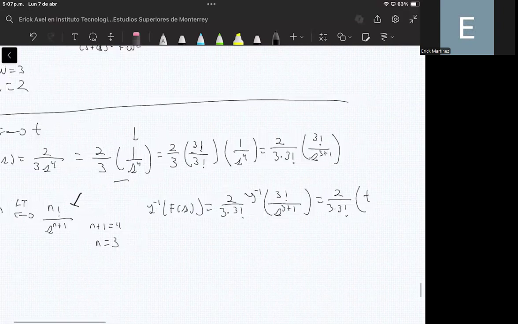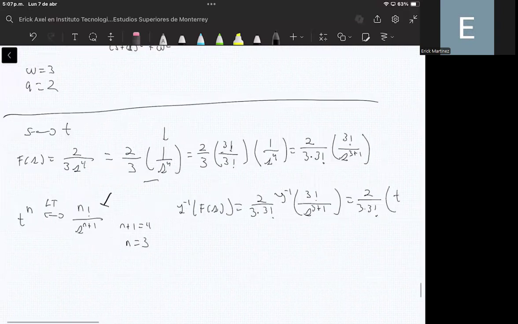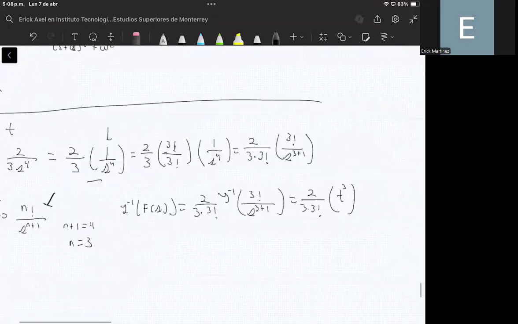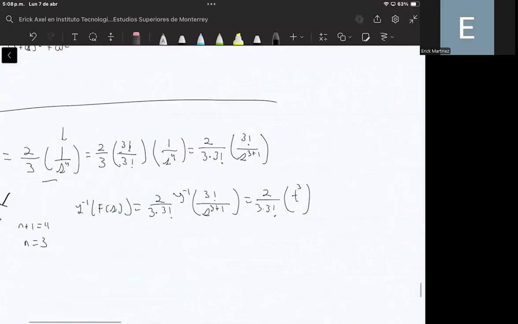And we can compute directly this inverse Laplace transform as 2 divided by 3 times 3 factorial, multiplied by t elevated to the third power. And if we simplify this further, you will notice that we have the following result, that is 1 over 9 times t elevated to the third power.